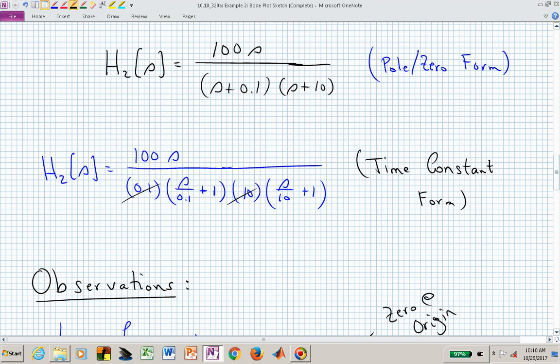Well, we have plus 20 dB per decade due to the zero at the origin. Then we have minus 20 dB due to that pole at 0.1. So now we have a plus 20 and a minus 20, and we're flat in terms of slope of our magnitude, and we haven't yet gotten out to our high frequency.